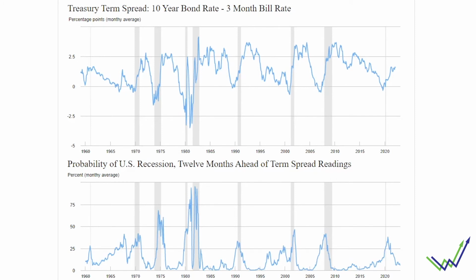And moving on, we're going to take a look at this website that I found from the New York Fed. And we can see here that it shows on the bottom a probability of US recession 12 months ahead of the term spread reading. So we're seeing that the probability of a recession is relatively low right now. We're looking at just over single digit percentage points of probability that there will be a recession.